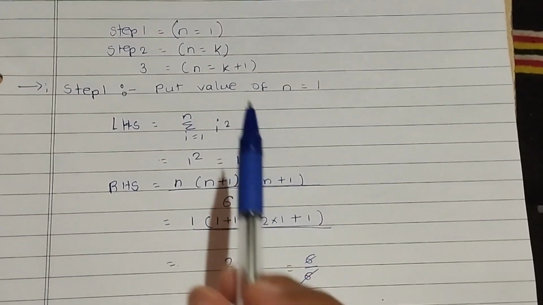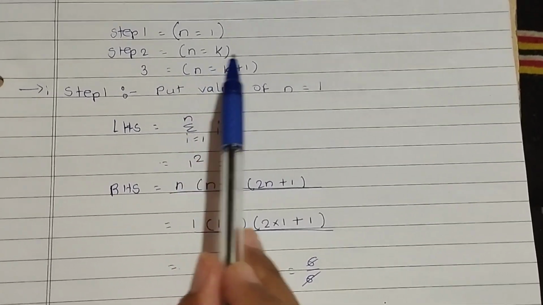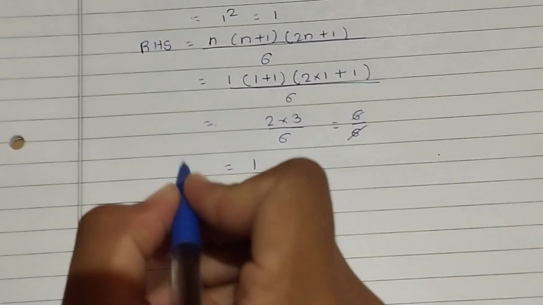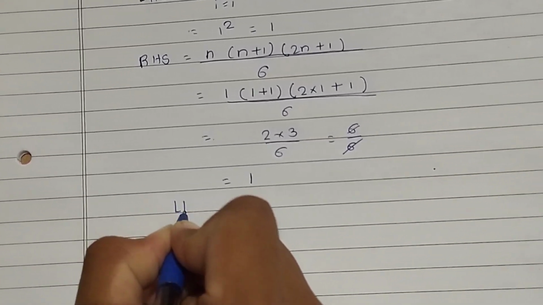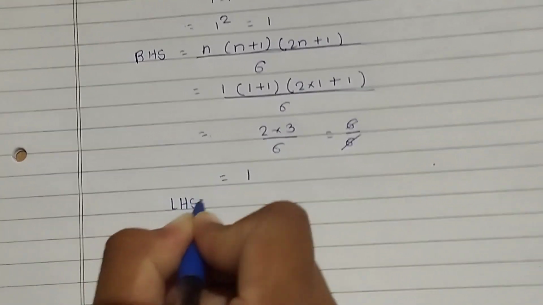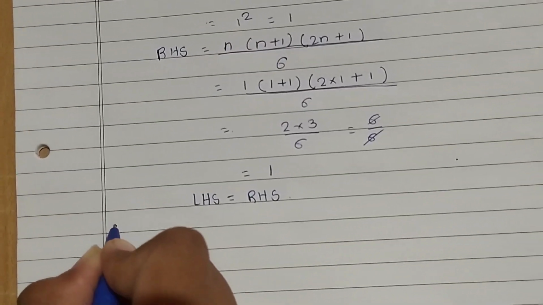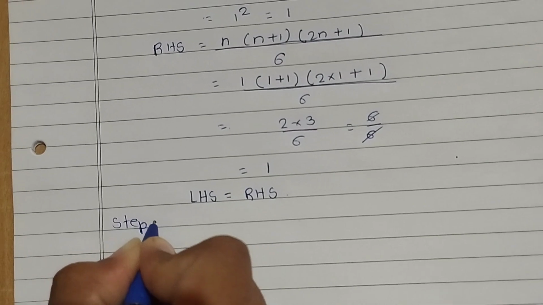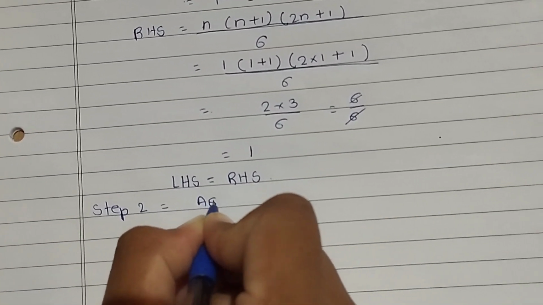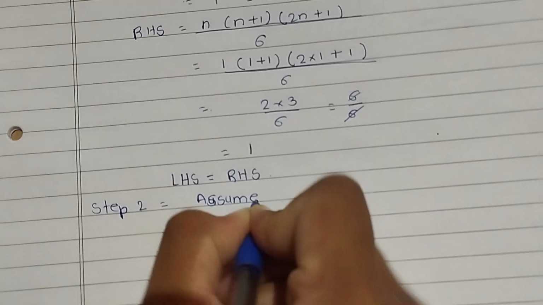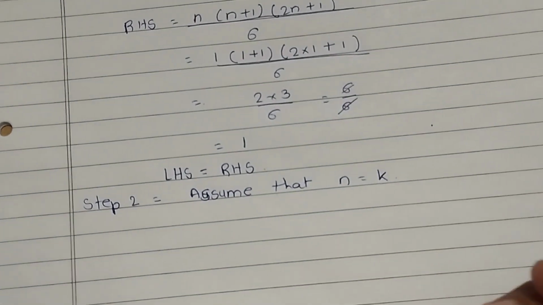Now we move to step number 2, where we put the value n equal to k. First, write that when n is equal to 1, LHS is equal to RHS. Now step number 2: assume that n is equal to k.